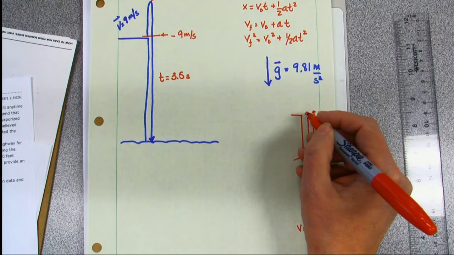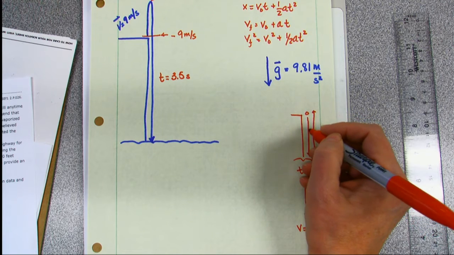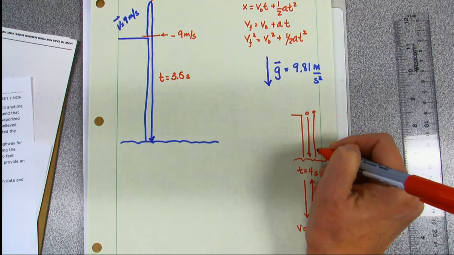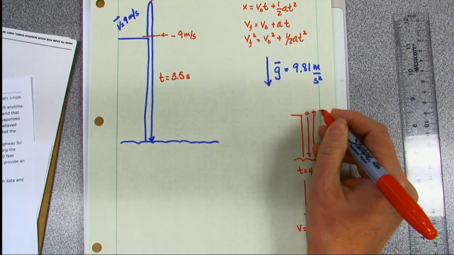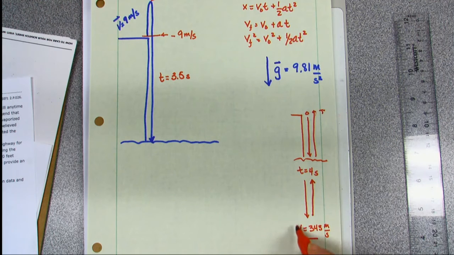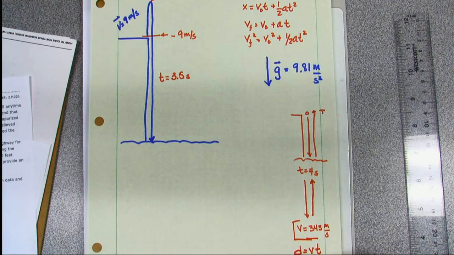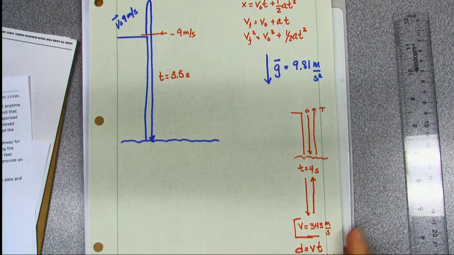So from the time I drop the ball to the time that the sound comes back up, I'm going to have a distance that I have to calculate. That's velocity times time, and this is the distance that the sound travels. 343 times whatever my time is that it gives me in the problem.